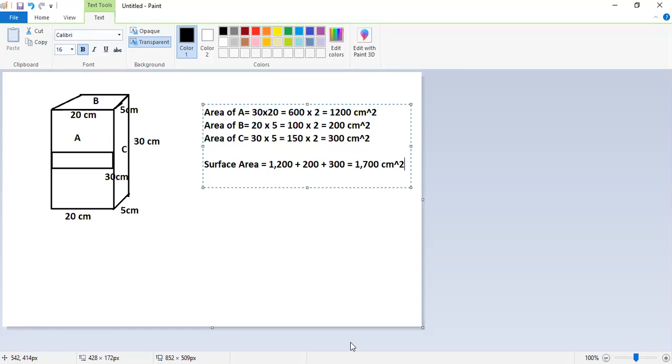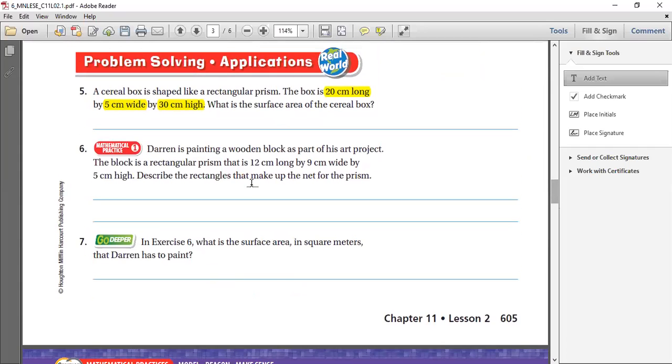Okay, now can we move to question number 6? Darren is painting a wooden block as part of his art project. The block is a rectangular prism that is 12 centimeters long by 9 centimeters wide by 5 centimeters high. Describe the rectangles that make up the net for the prism.